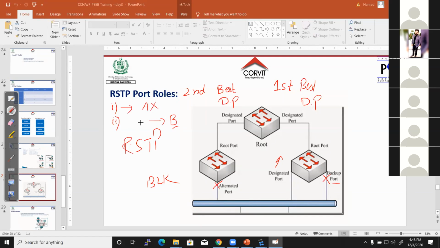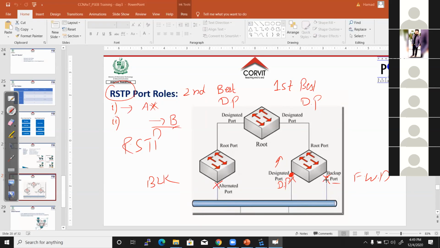So you design two plans at the same time, and you decide that if my first plan fails, I will start following the other plan. Same in RSTP, it calculates the first best DP, but at the same time it also calculates the second best DP. For what purpose? For the purpose that if the first DP goes down, I will immediately put the second best DP into the forwarding state.